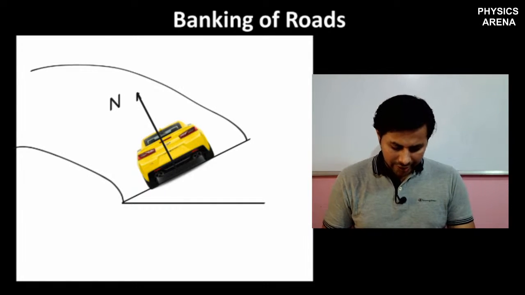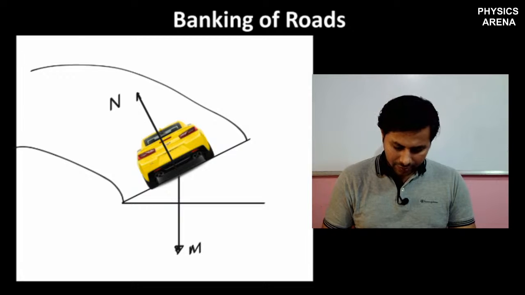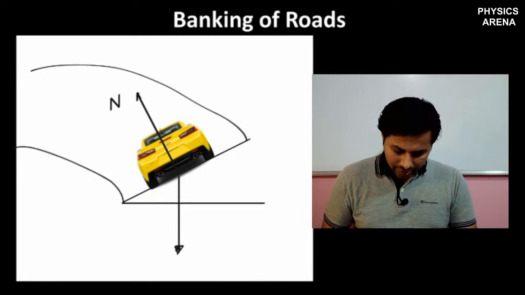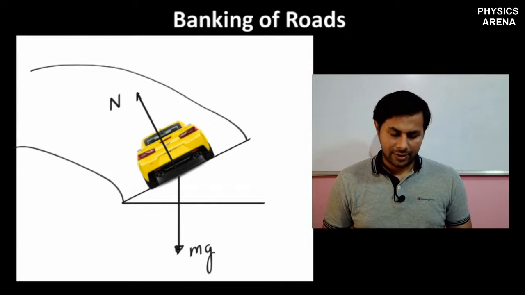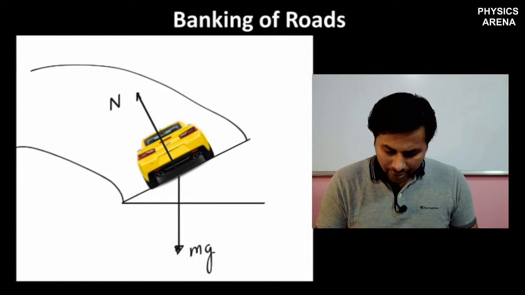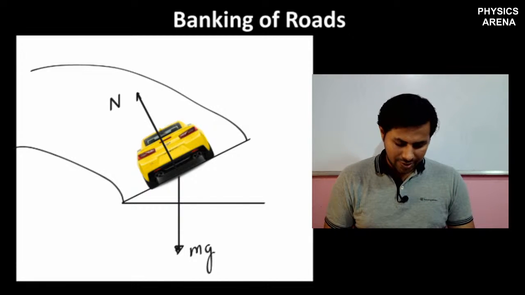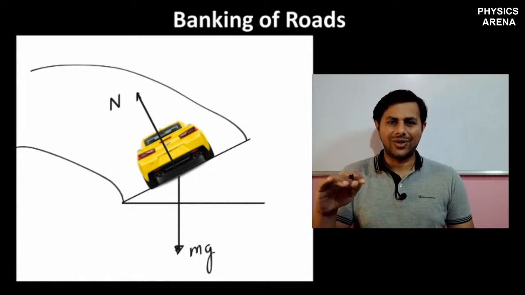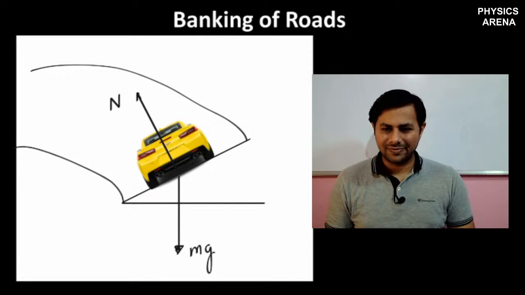Then the next thing is the gravitational force which acts downwards. So gravitational force is mg. And now in what direction will this car tend to skid? Downwards on this incline or upwards up the incline?